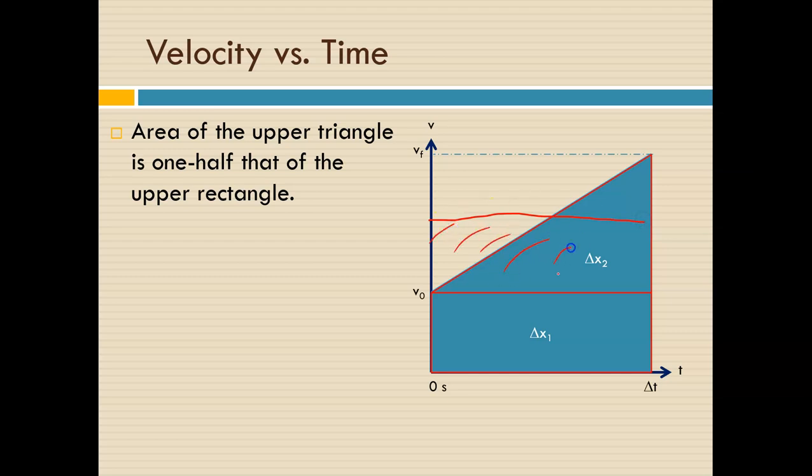And wouldn't that have the same area as delta x2? Yes, because all I'm doing is just changing where the half line is. Instead of making a triangle, I'm going to go halfway between VF and V0. Okay? How do I find the number that that line is at? Halfway between VF and V0.